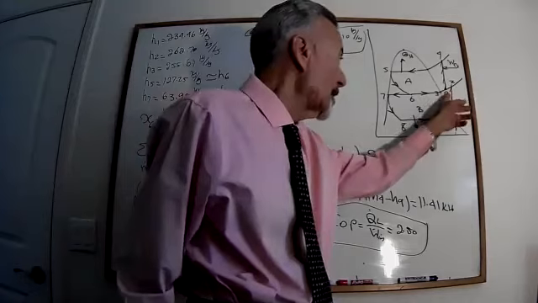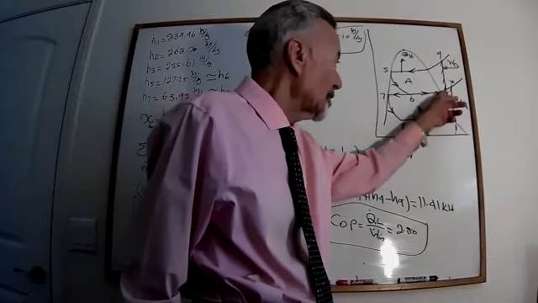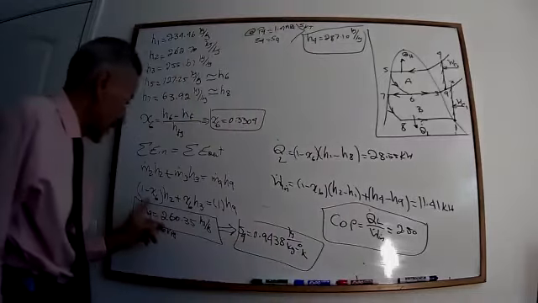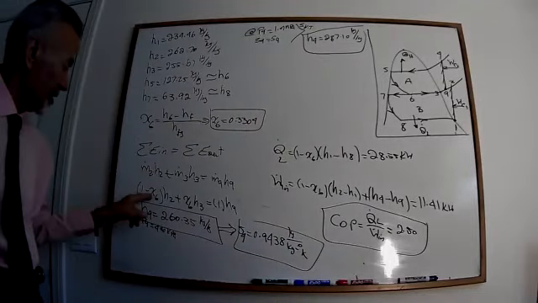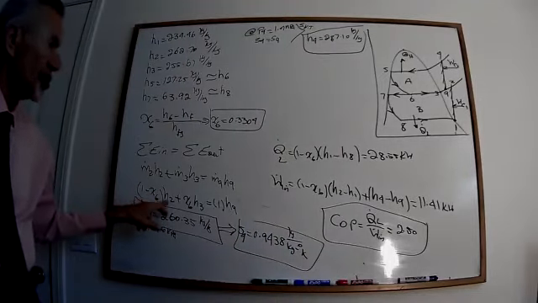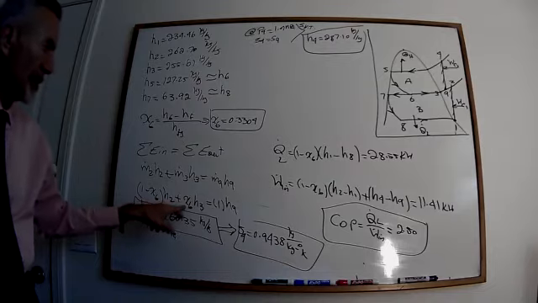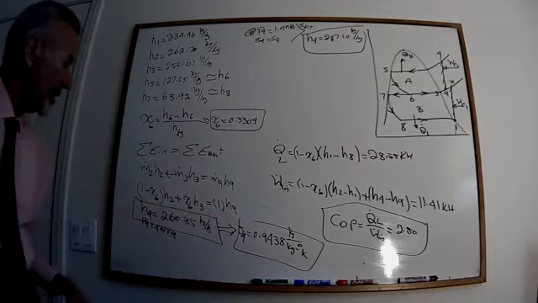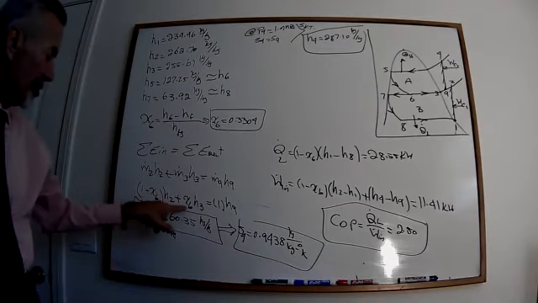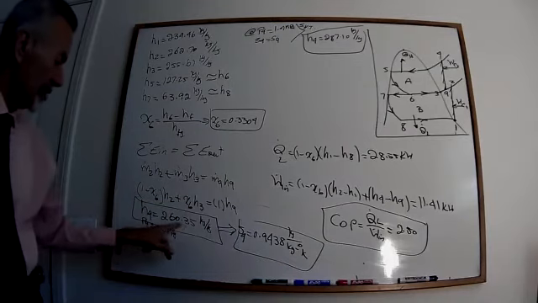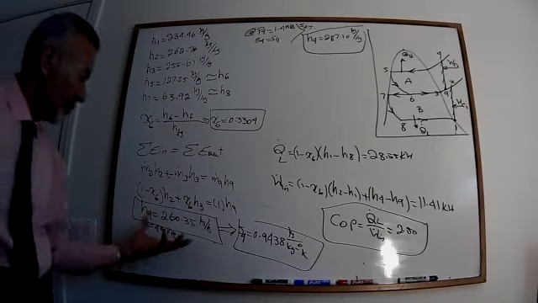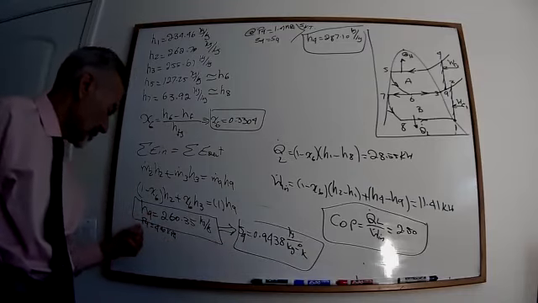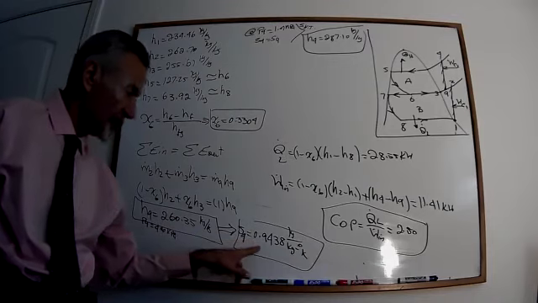Point 2 comes to point 9, point 3 comes to point 9, and point 9 goes up. So based on that, (1 minus x6) times h2 plus x6 times h3 has to be equal to 1 unit times h9. Now that we found the value of x6, we can easily find the value of h9. Once we find it, we go to the table. Based on that and based on the pressure, we can find S9.